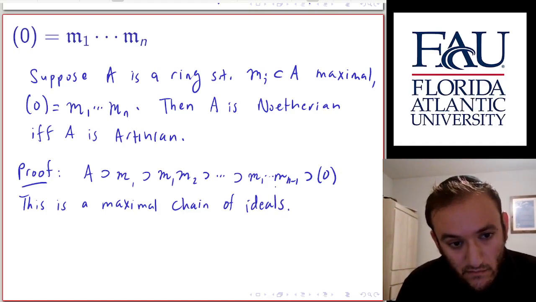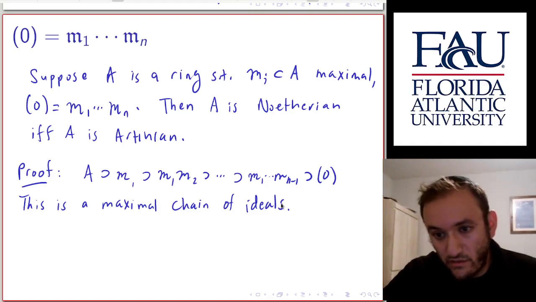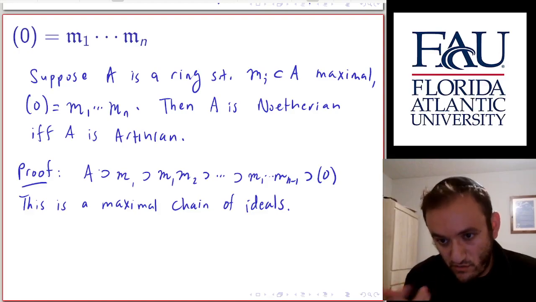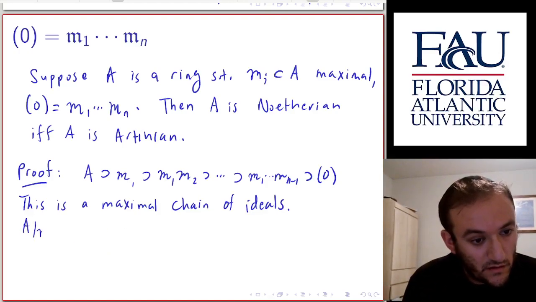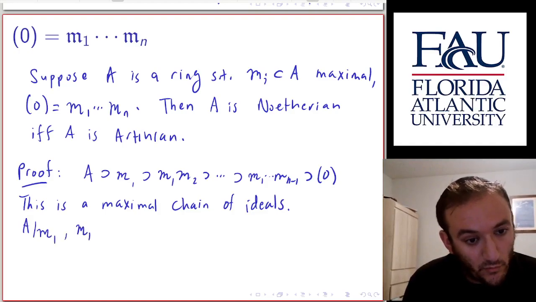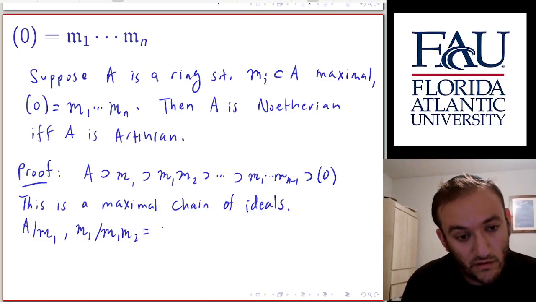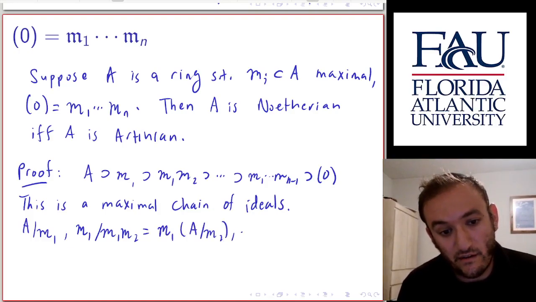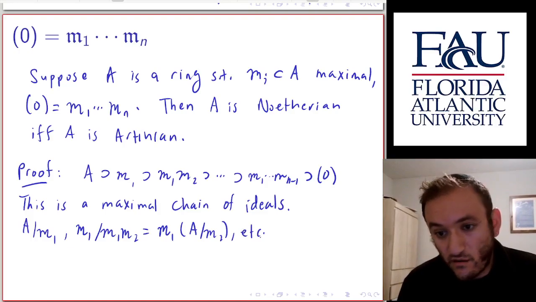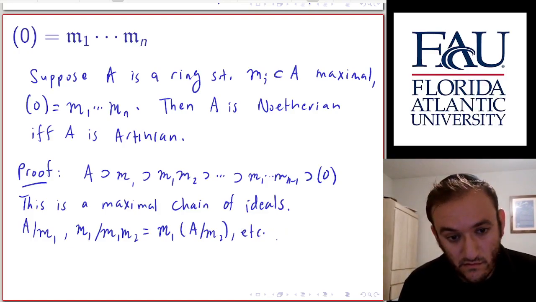And if we look at the quotient of each consecutive pair of terms, so A mod M1, M1 mod M1 M2, this is just equal to M1 times A mod M2, etc. These are all fields, or vector spaces over fields.